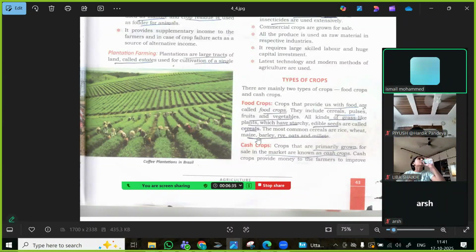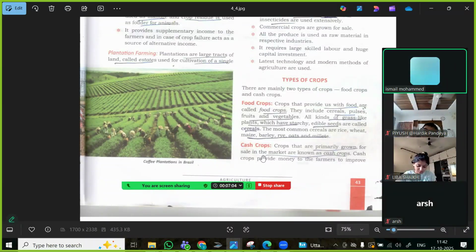The most common cereals that we normally eat are rice, wheat, maize, barley, oats, and millets.